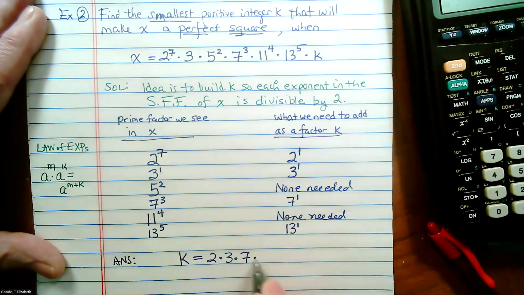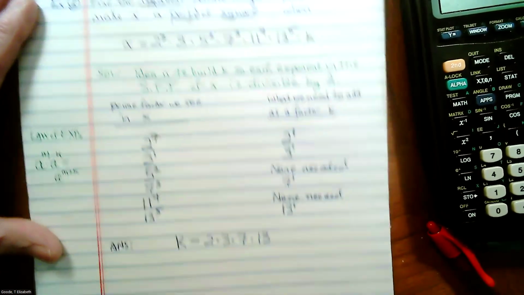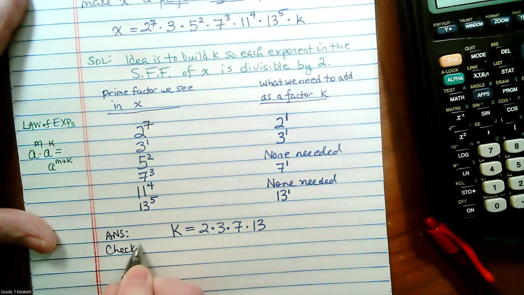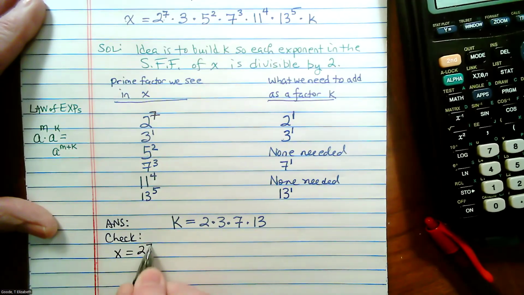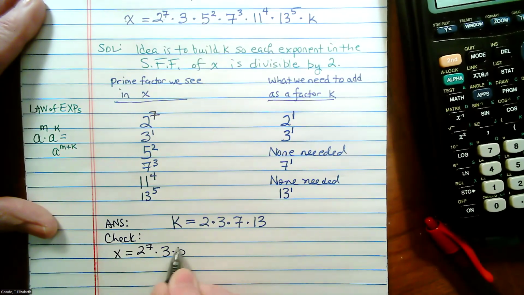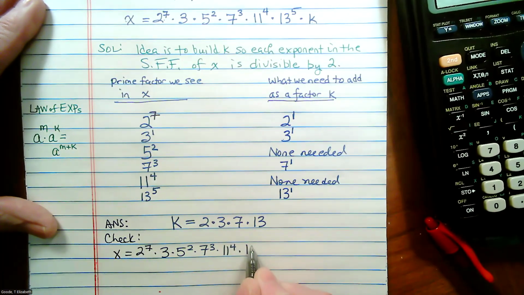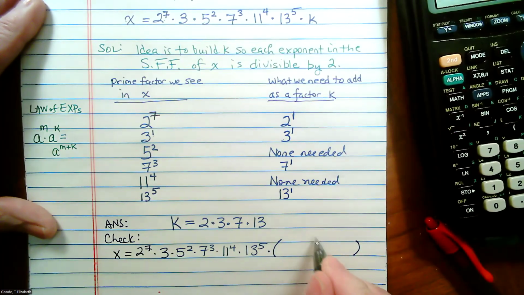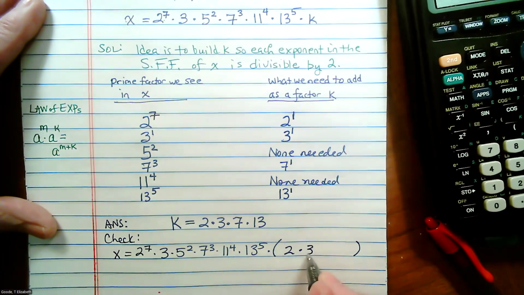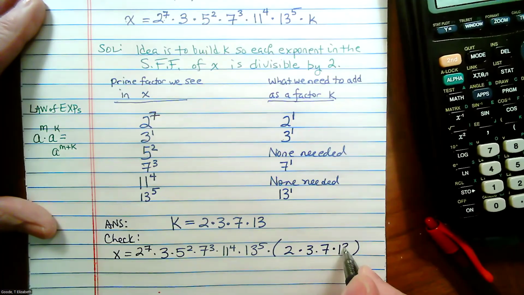And now we're going to check and make sure this really worked. So x is 2 to the seventh times 3 times 5 squared times 7 cubed times 11 to the fourth times 13 to the fifth times k, which is 2 times 3 times 7 times 13.